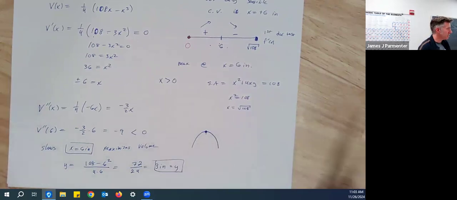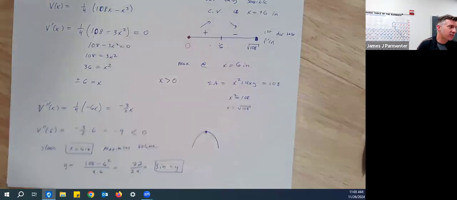So kind of a lengthy process, but the steps are the same. Like with related rates, also a lengthy process, but it's the same 5 or 6 steps every time.